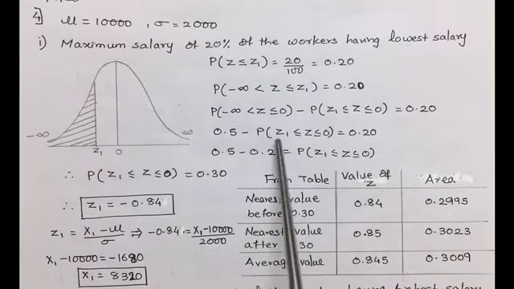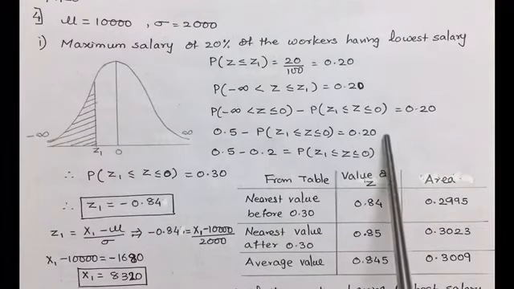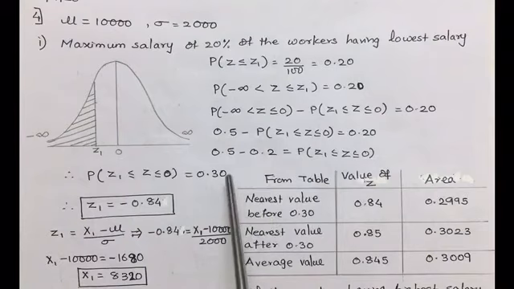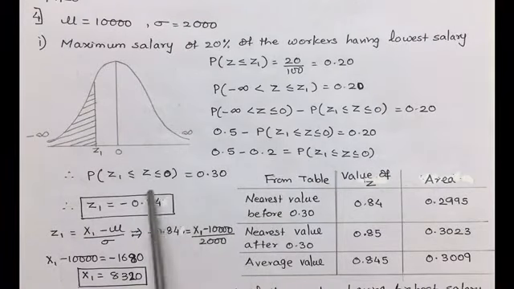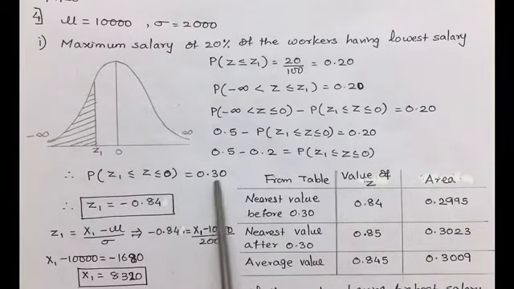Now shifting the probability the other side, that is Z1 to 0 the other side and 0.2 to other side, we get 0.5 minus 0.2 and Z1 to 0 probability becomes 0.30.